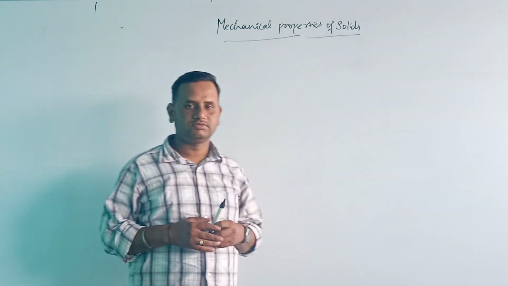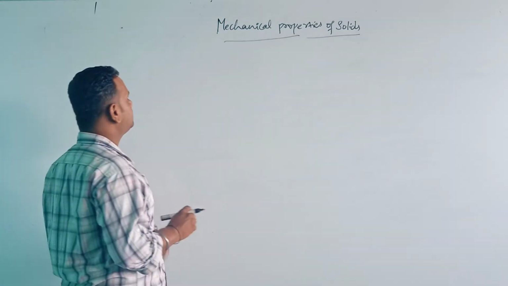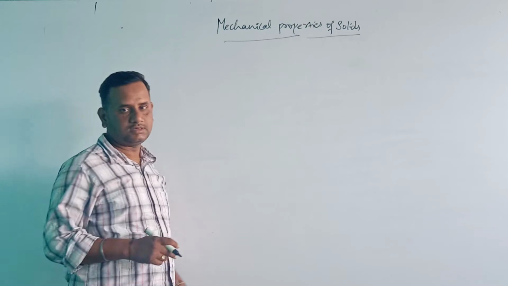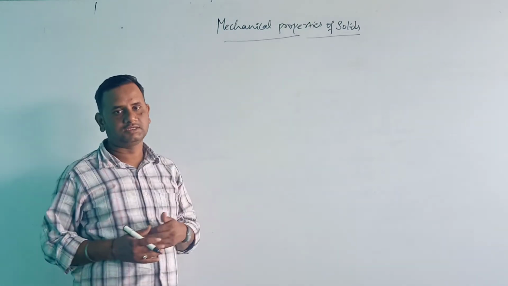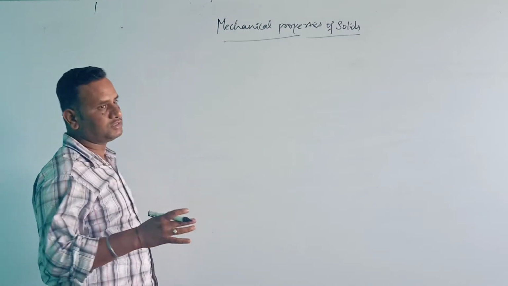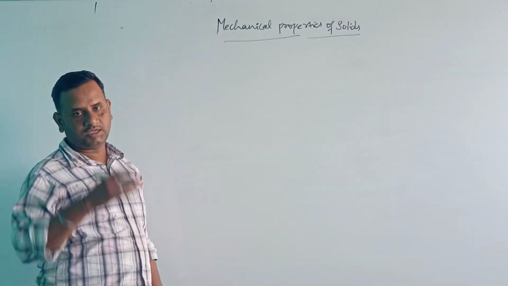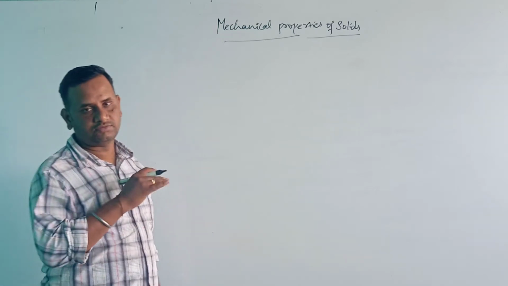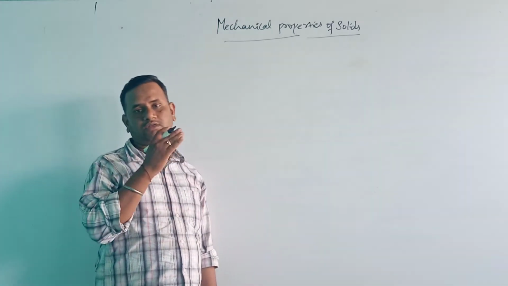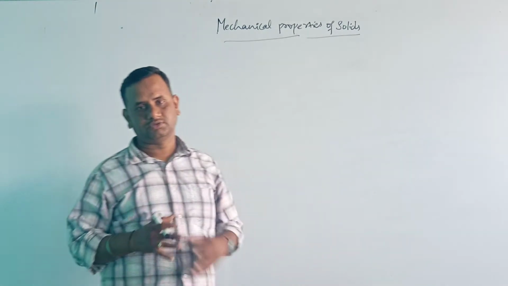And we discussed the types of stress. Okay. Now in today's class, we are continuing the previous class topic. There we studied the types of stress. In normal stress, we studied tensile stress and compressive stress.